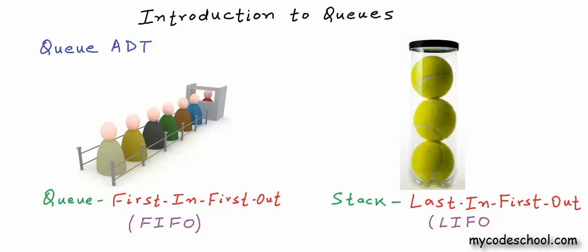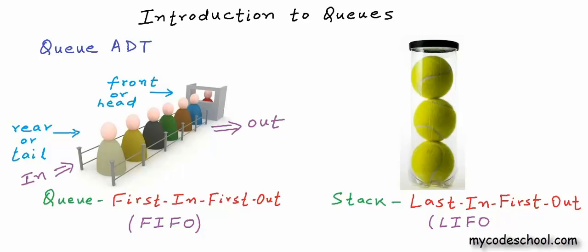A stack is a collection in which both insertion and removal happen from the same end, that we call the top of stack. In queue, however, an insertion must happen from one end, that we call rear or tail of the queue, and any removal must happen from the other end, that we can call front or head of the queue.